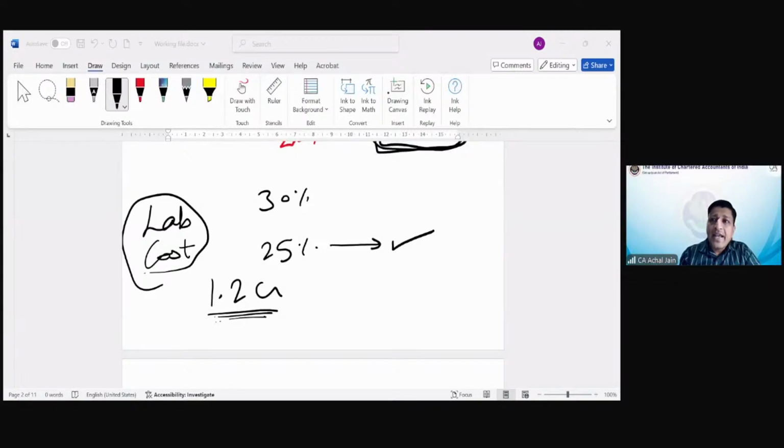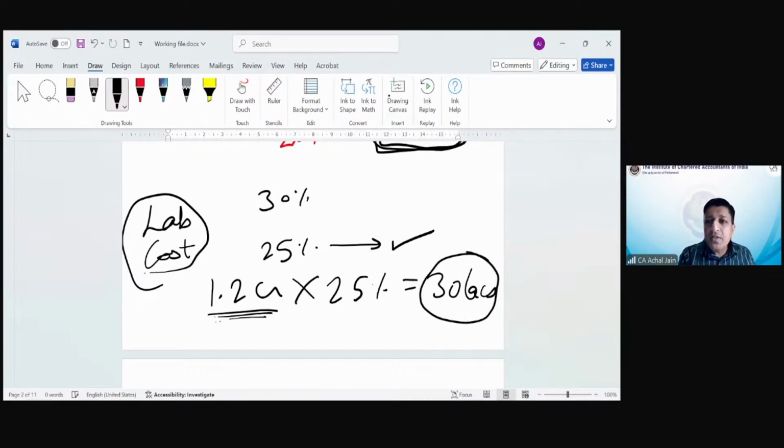Yes, 30 lakhs. Supriya says 30 lakhs. Correct. So on this 1.2 crore, if you apply 25%, you get 30 lakhs. So that is what you have considered over there. Fine. Now clear on this.